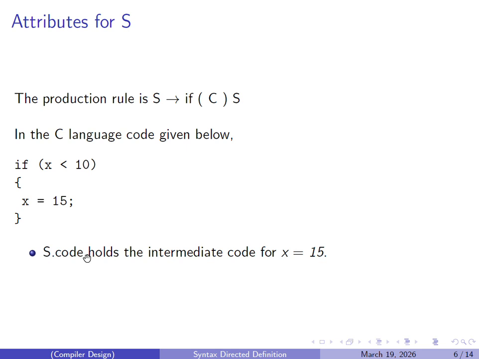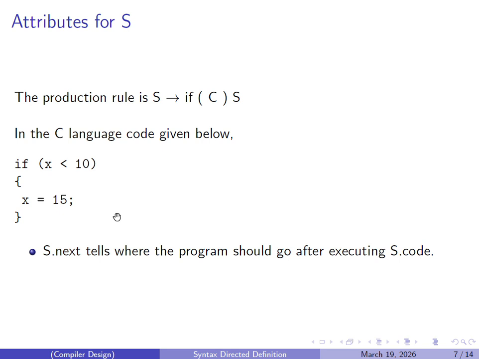Now let's look at what will be the attributes for S. S is going to be over here on the left hand side and also on the right hand side. If you look at the right hand side, we are going to introduce an attribute code, which we call S.code, and that's going to hold the intermediate code for x is equal to 15, which is inside the curly bracket. Now we will have one more attribute, next, which tells where the program should go after executing S.code.